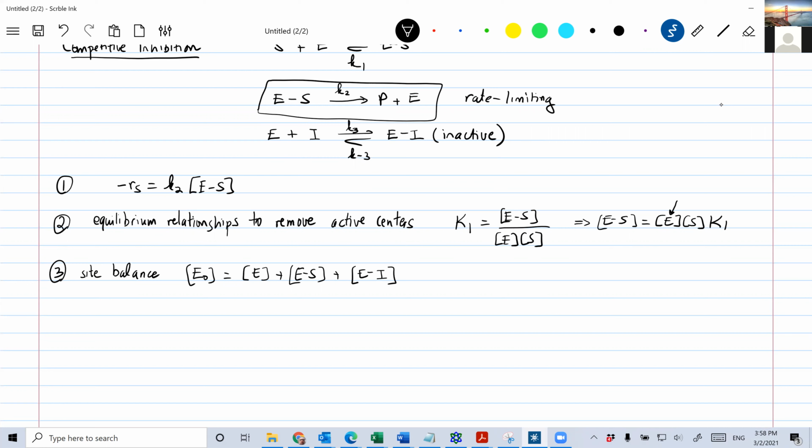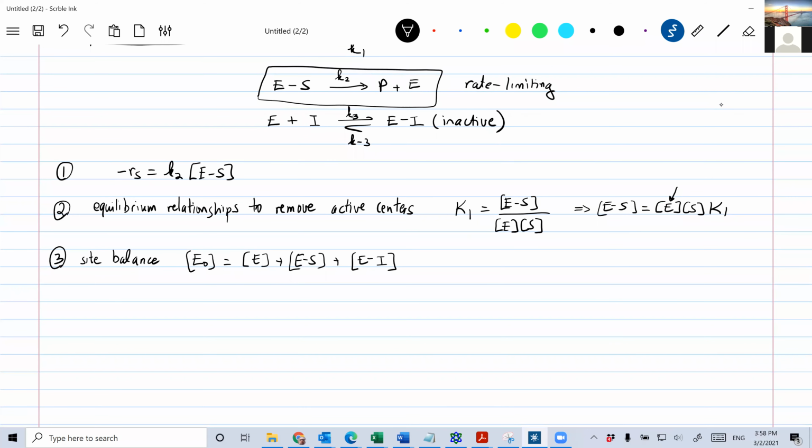We're going to end up putting everything in terms of free enzyme. So we can now take a look at K3, which is equal to the concentration of enzyme inhibitor complex divided by the concentration of enzyme times inhibitor. So we can calculate EI as this.